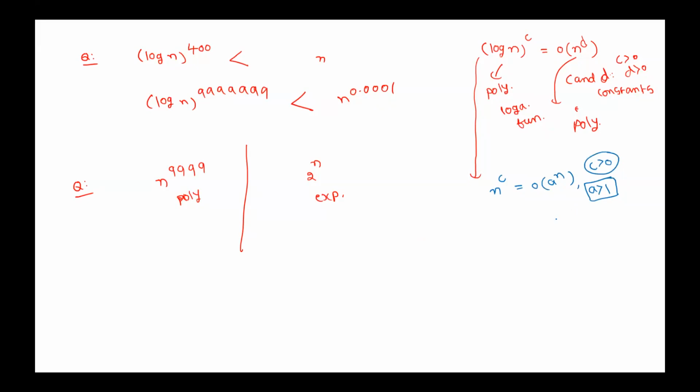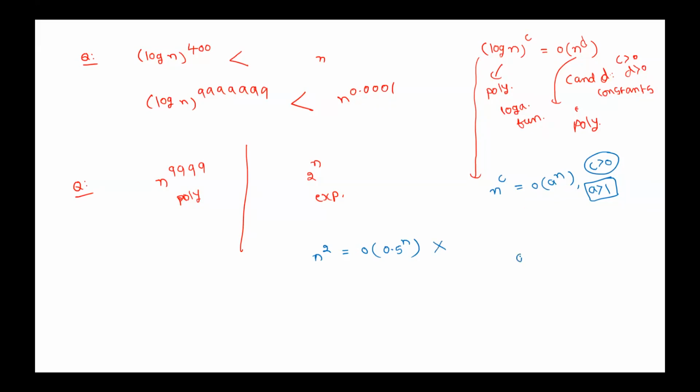If it is 0.5, can we say that n square is little o of 0.5 whole power n? No, this is false. That's why I said a should be greater than 1.